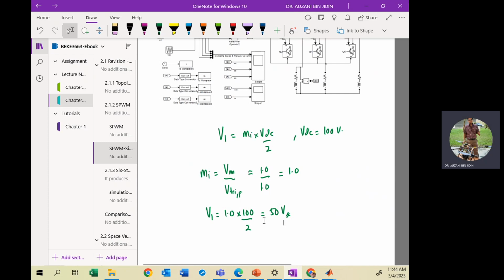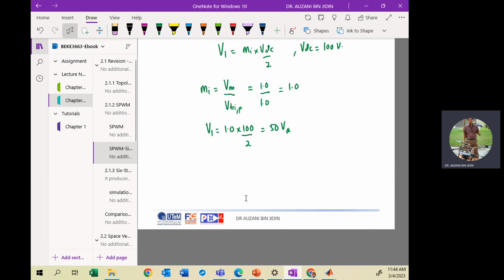Okay, so let's say you want to obtain the desired voltage V1, and you want to set 25 volt. So what actually is the control parameter that you want to adjust? Of course, MI, right?